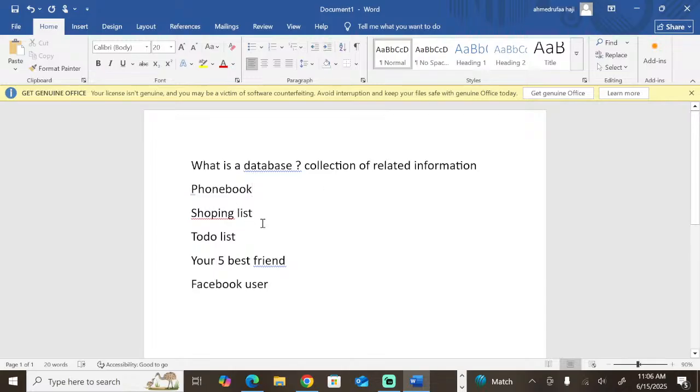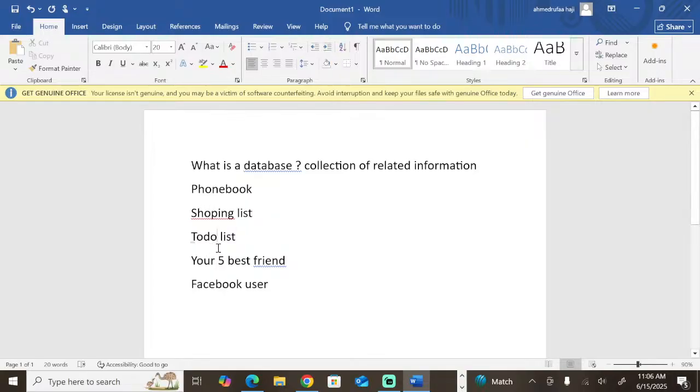Another thing, for a shopping list, we can also call it a database because it has a collection of related information. Maybe you want to buy some stationery, then those items are going to be written somewhere. That somewhere is called a shopping list, right? And that is what we call a database.